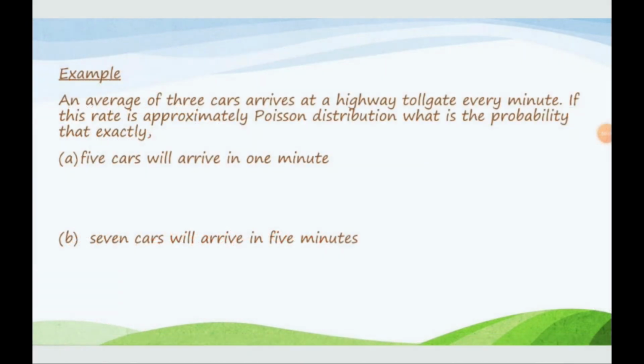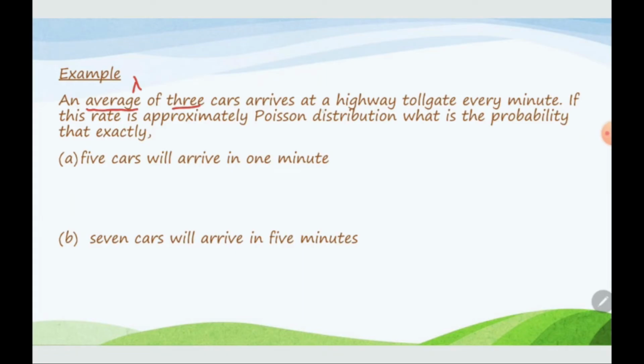Okay, so next example. We got an average of 3 cars arriving at a highway toll gate every minute. If this is approximately Poisson distribution, what is the probability that exactly 5 cars will arrive in 1 minute? So we know that the average is lambda.